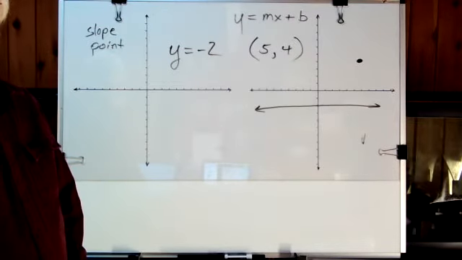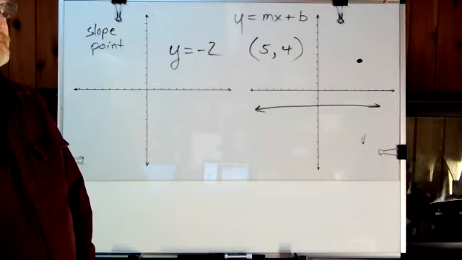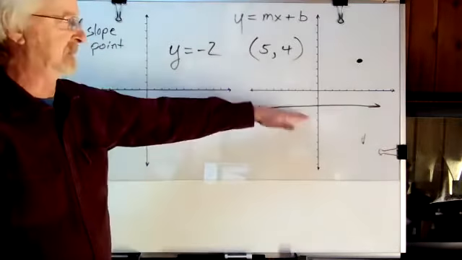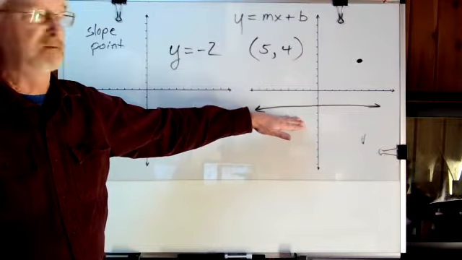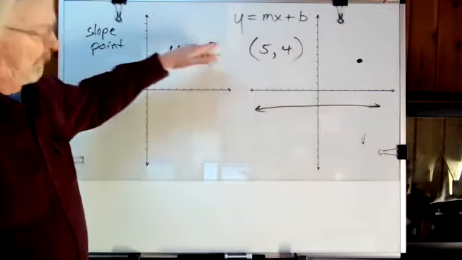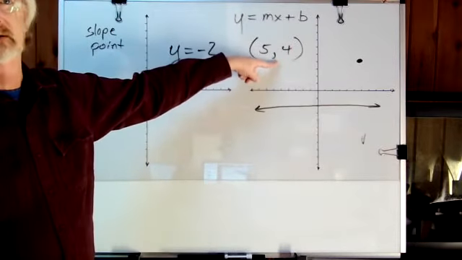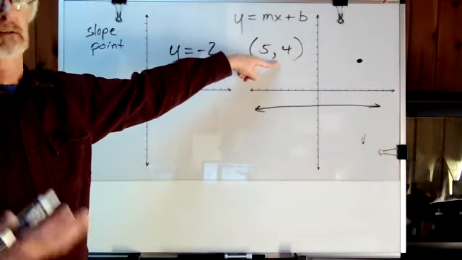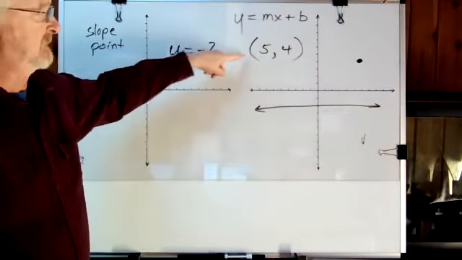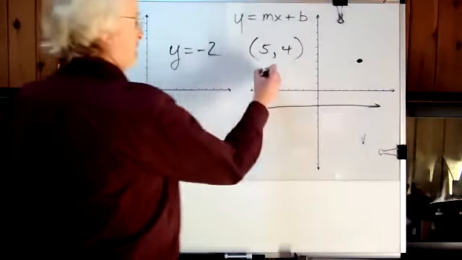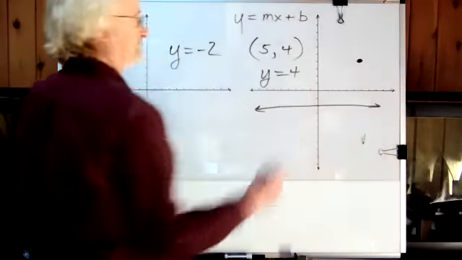It goes through that point. What's the deal with horizontal? First, you have to recognize that's a horizontal line. I want a horizontal line through that point. What's the equation of a horizontal line through that point? It's always got to have a y value of 4.